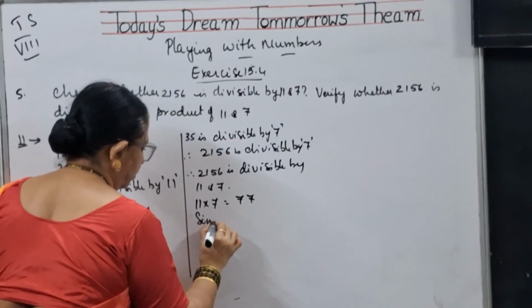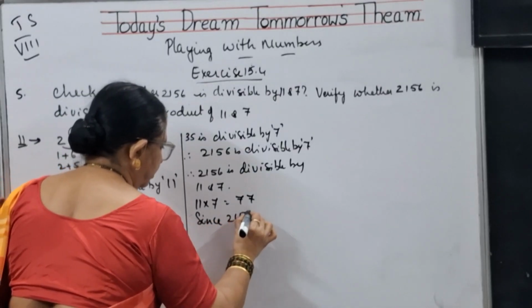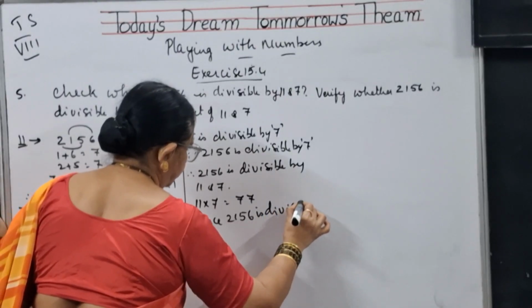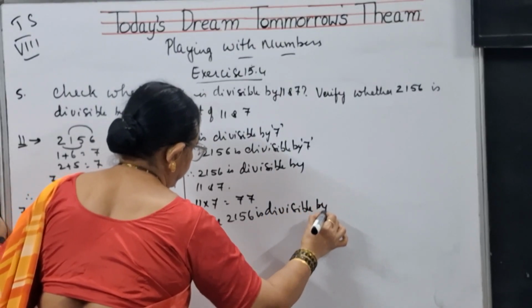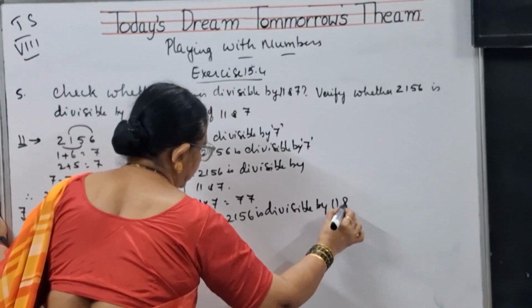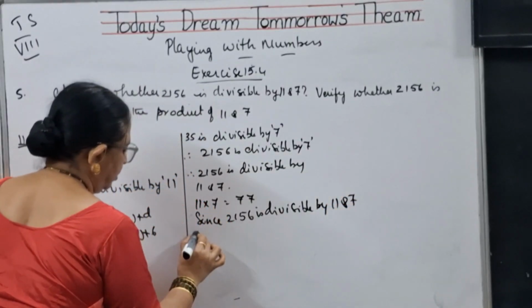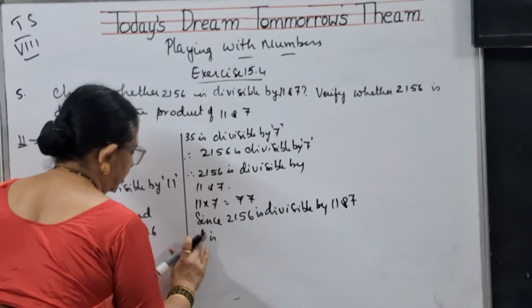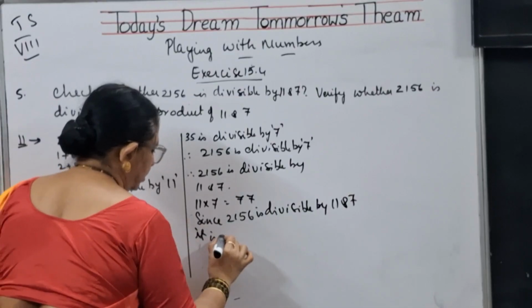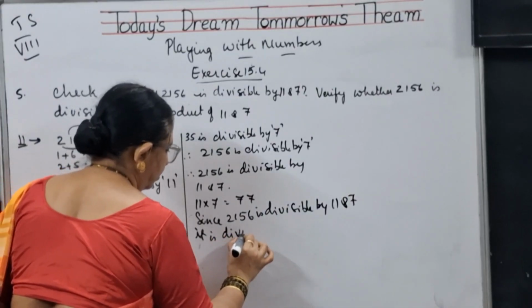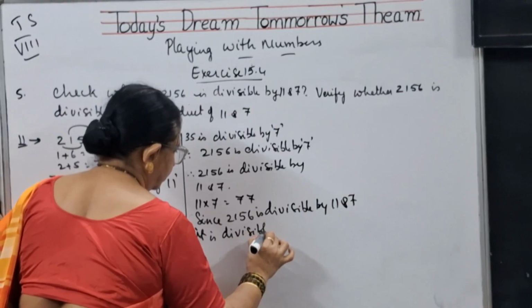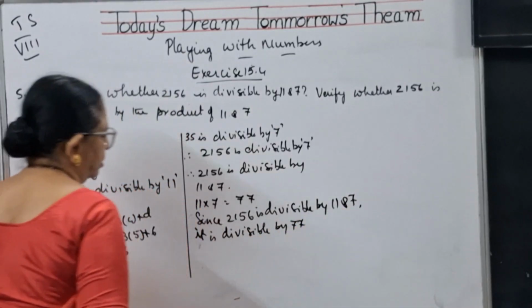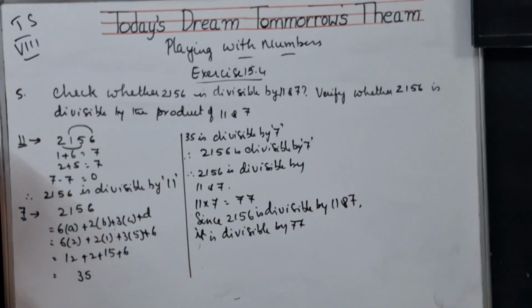Since 2156 is divisible by 11 and 7, it is divisible by 77. Okay, so this is the answer, children.